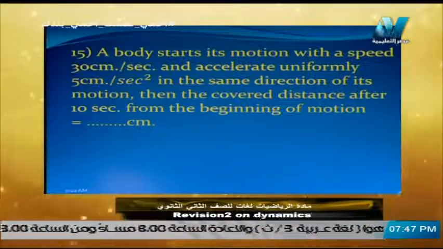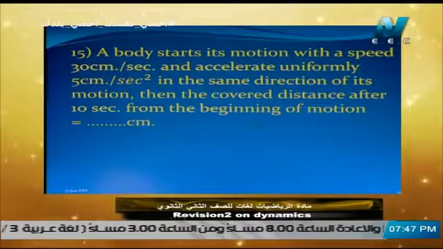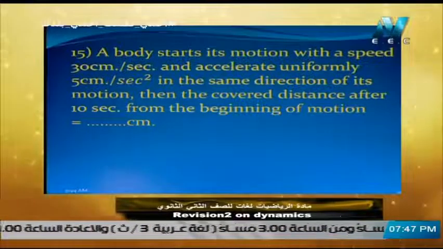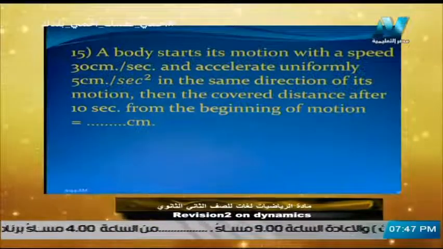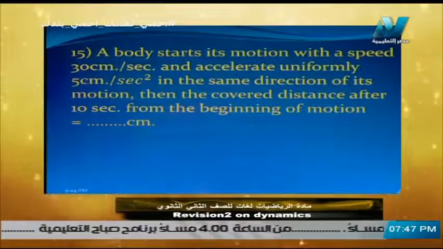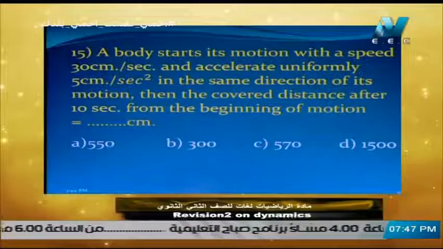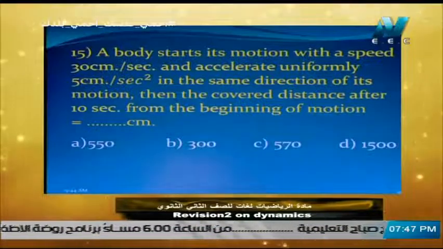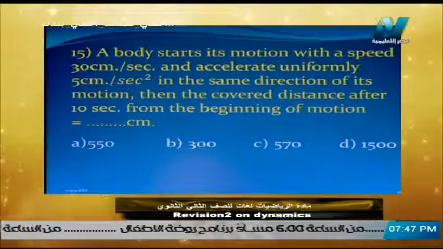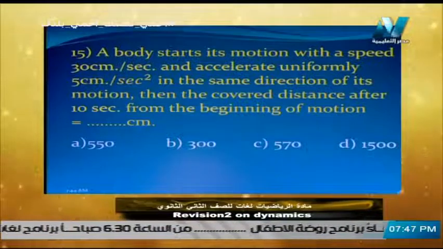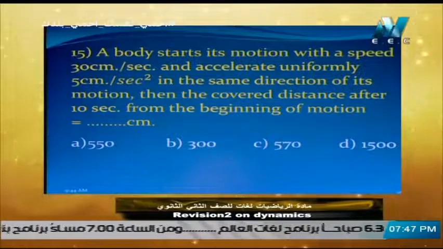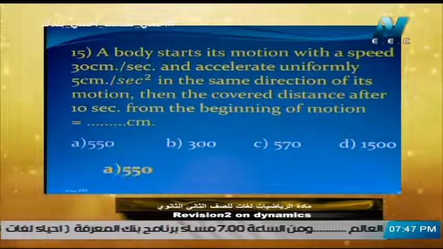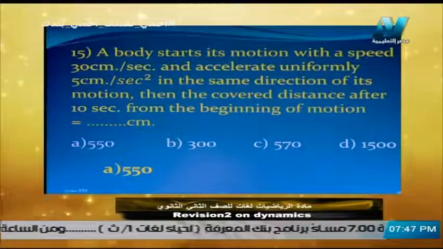Then the covered distance after 10 seconds, which is t, the time, from the beginning of motion equals how many centimeters? The options here: 550 centimeters, 300 centimeters, 570 centimeters, or 1,500 centimeters? And the answer will be A, which is 550.